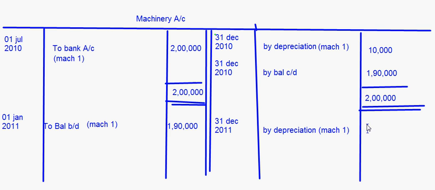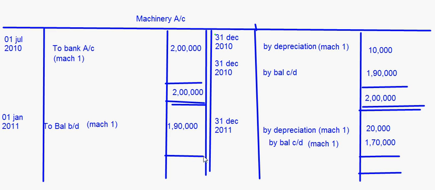So this is for the second year, and this is equal to 20,000. For the first year we provided only for 6 months, now it is for the whole year, so it is 20,000.